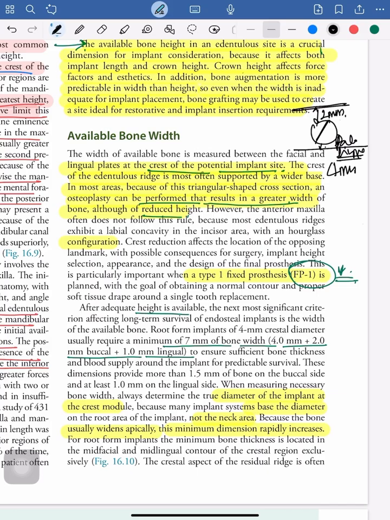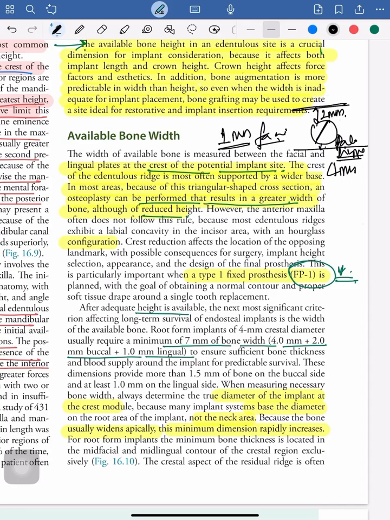Again, I would say that I myself violate these principles, and there are cases where even if there is just 1 millimeter of facial bone, I would happily place my implant, and if a complication arises, then I would do augmentation or regenerative procedures.